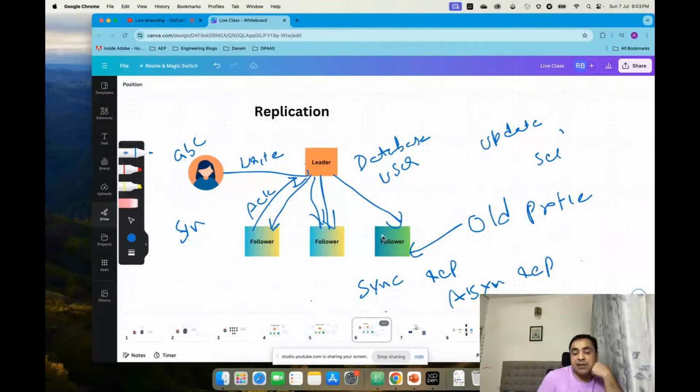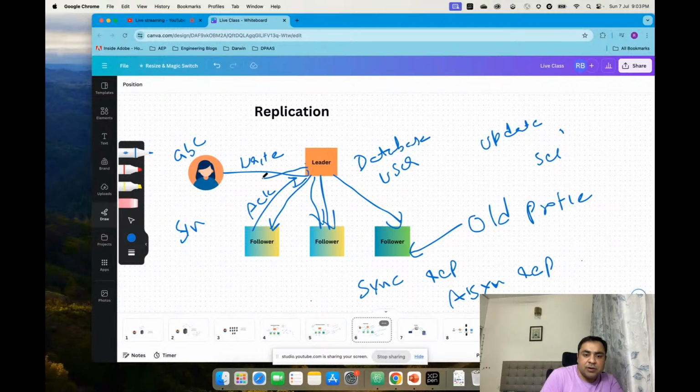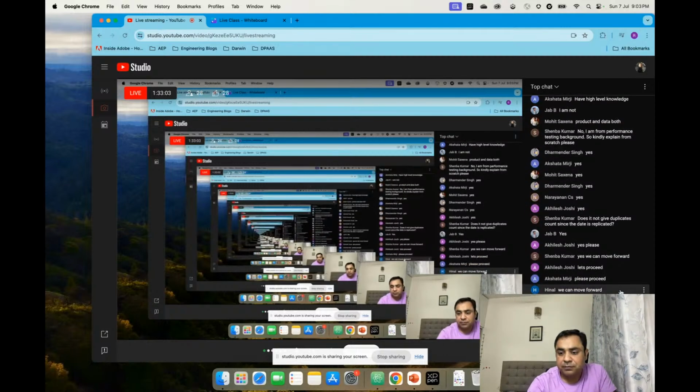If there is some problem, then the profile will not get changed, because the leader will get acknowledgement from the followers that the operation was not successful, and the leader will acknowledge back. If the operation is successful, then it will go back and say your profile has been updated. This is sync replication. So far we are good.